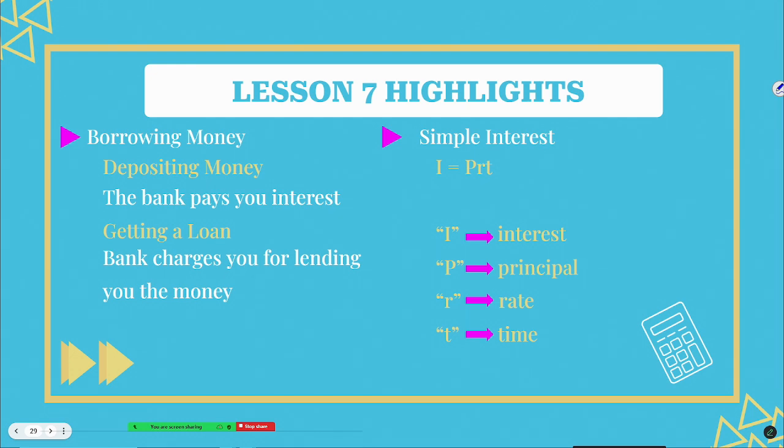It's important that we grasp this and knowing how to calculate it, so when we move on to lesson 8, we can build on to the next step. The next step is bridging, showing the difference between simple interest and compound interest so that you can calculate compound interest in lesson 9. They all go hand in hand.